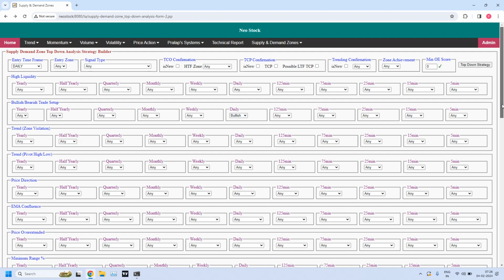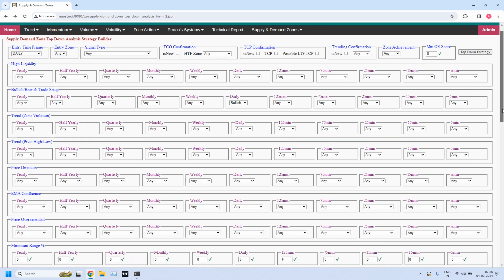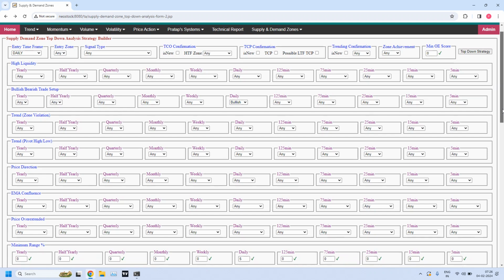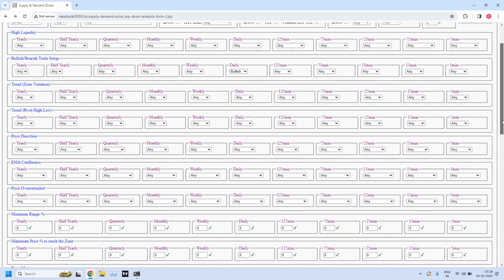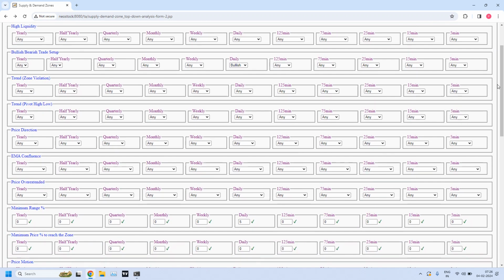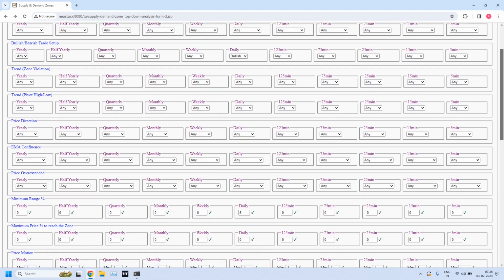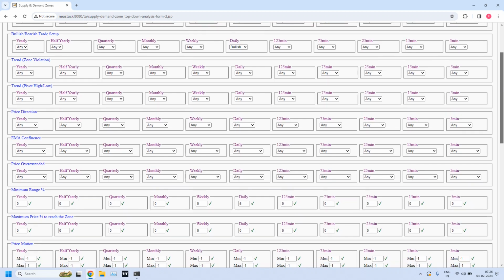That way slowly we will generate multiple reports and see how the list grows. First, very close to our zone, at least 1% near to the zone. Let us give priority to that, because if the stocks are very far, you never know when they will reach your entry zone. You need to wait for a long period.